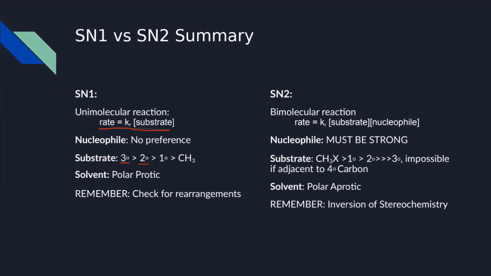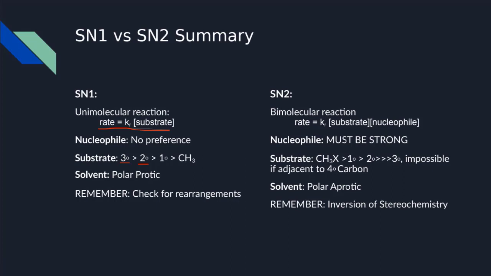On the other hand, SN2 reactions, it's really important to have a non-sterically hindered substrate, something that has not got a lot of electron donating groups around either. We're going to be seeing a preference for primary or secondary carbon positions over tertiary carbons. If a leaving group's on a tertiary carbon, it's very unlikely that you're going to have an SN2, and it is impossible if you have your leaving group adjacent to a quaternary carbon.